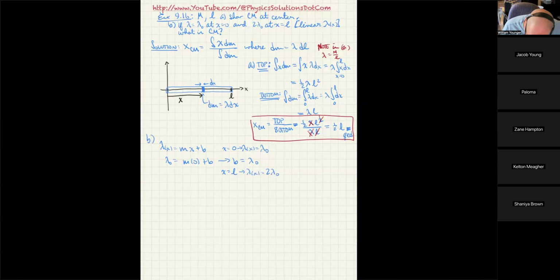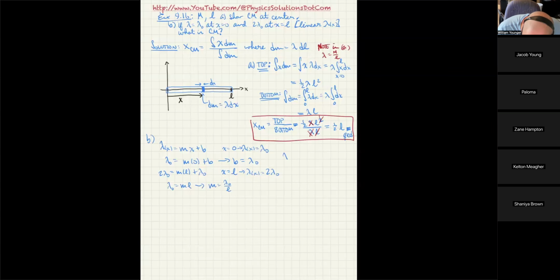So in this case, I'm going to say 2 lambda 0 is equal to m times L plus, we already figured out that b was lambda 0, so I can put that there. And that's going to allow me to figure out what m is. I can subtract lambda 0 from each side, and I get lambda 0 is equal to m times L, and that means m is equal to lambda 0 over L.